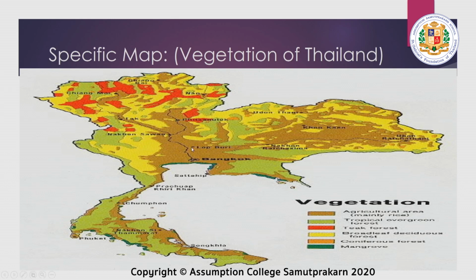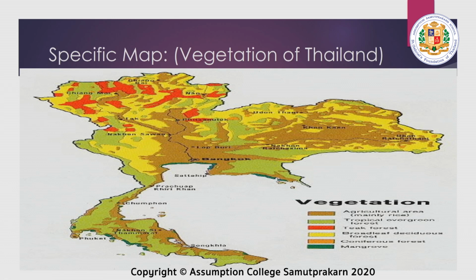If you go to Phitsanulok, Nakhon Sawan, Lopburi, Khon Kaen, these are the areas where rice is mostly grown. Light green represents the tropical evergreen. Mostly in the western region and also in the southern and eastern regions, they are tropical evergreen.